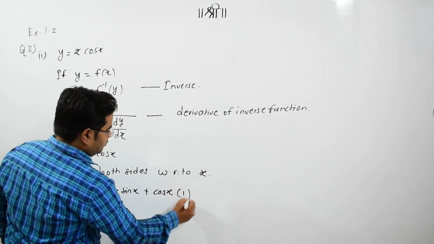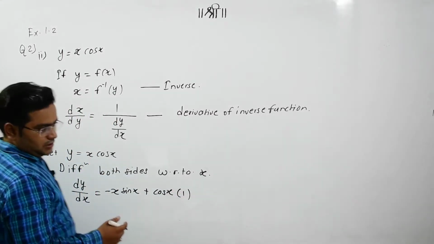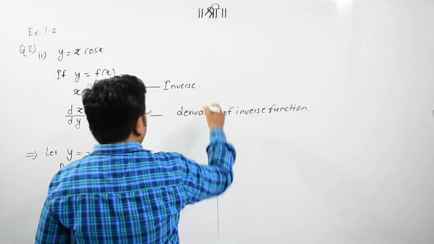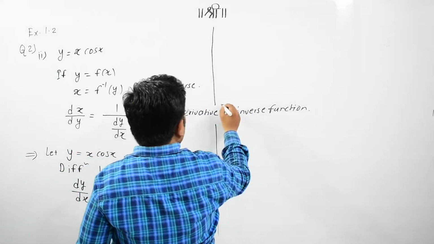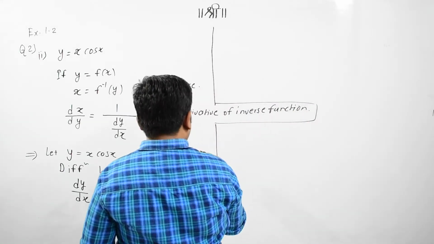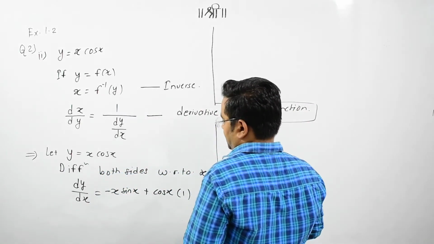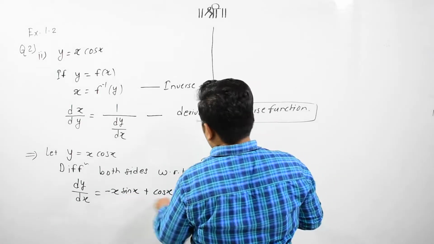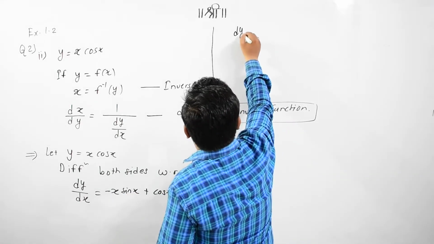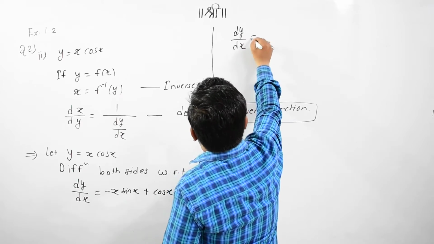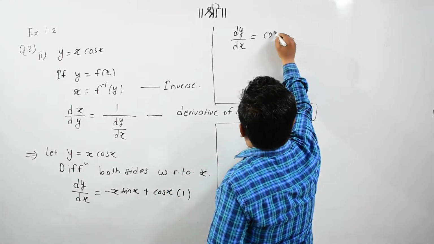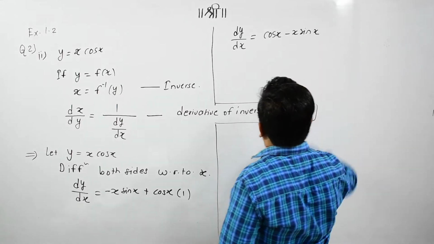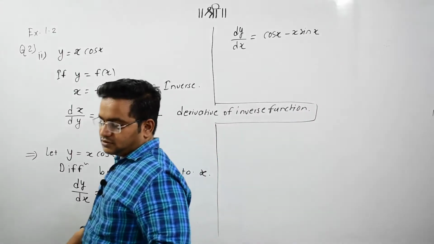So the next step is very easy, as you can guess. Now I would like to simplify this term. So dy upon dx is equal to cos of x minus x sin of x. That's it.